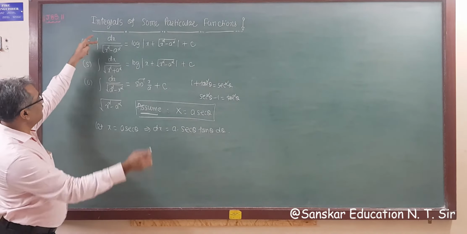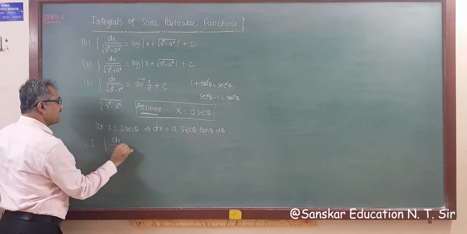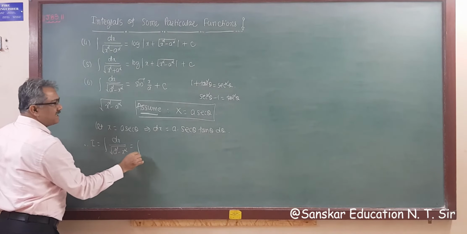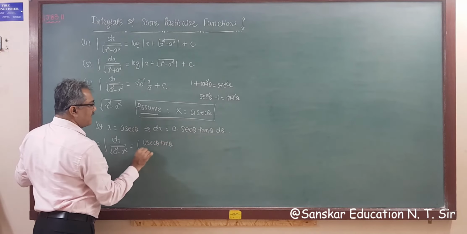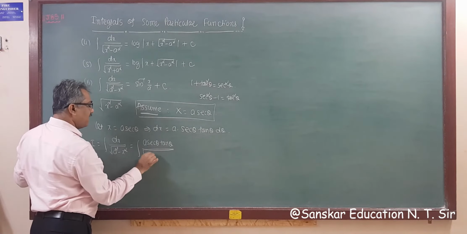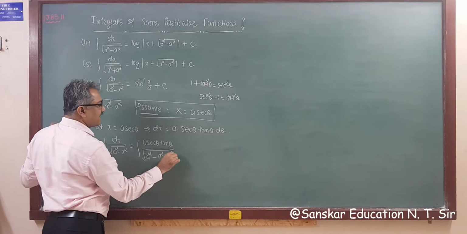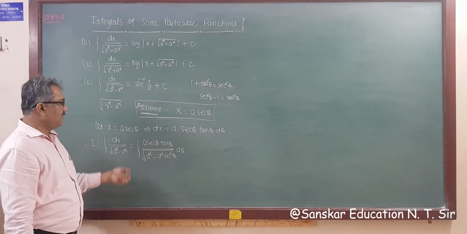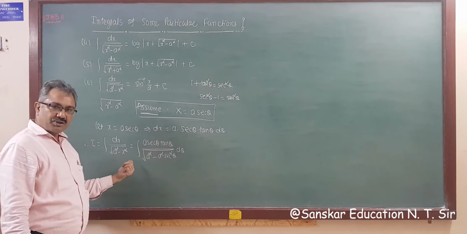Now substituting all these values here, we get I is equal to integration dx upon square root of a square minus x square. That is integration, dx is a sec theta tan theta, I am writing d theta last. Under the root, a square minus x square is a square sec square theta, and d theta remains last, right? Now a square is common, so taking a square common outside the root, that is a.